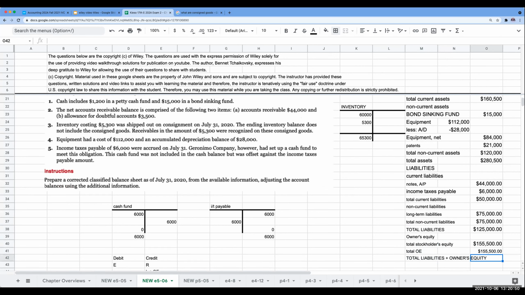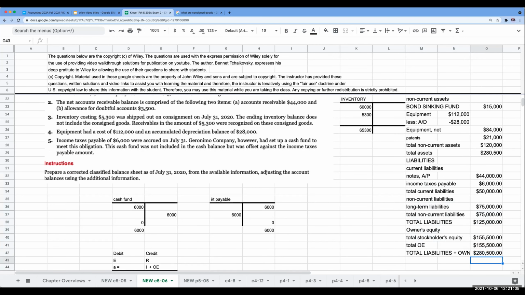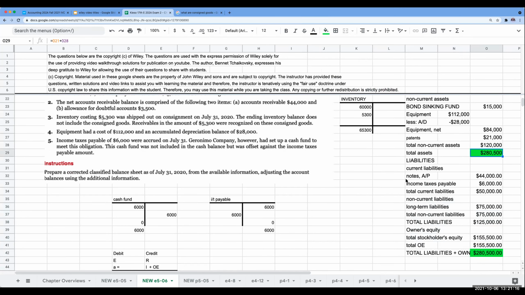Because typically what you would do is you would be showing it as common stock par, additional paid-in capital, retained earnings, and the like. Okay, so my total liabilities and owner's equity is going to be 125 plus 155.5 or 280.5. And this magically equals our balance right up here. So we are good to go, and we've gone through and done this problem.